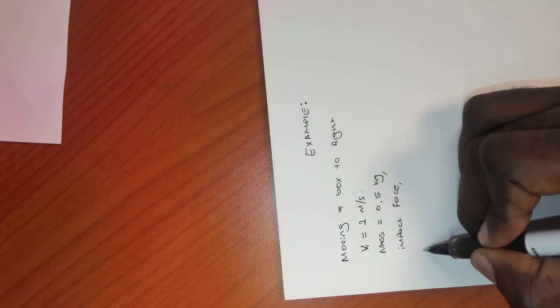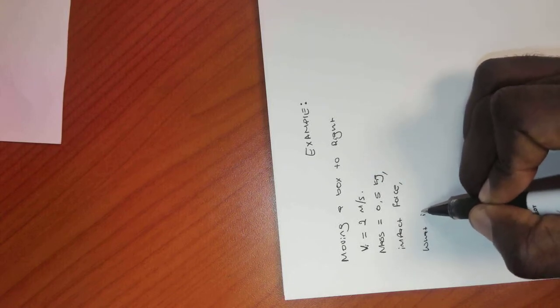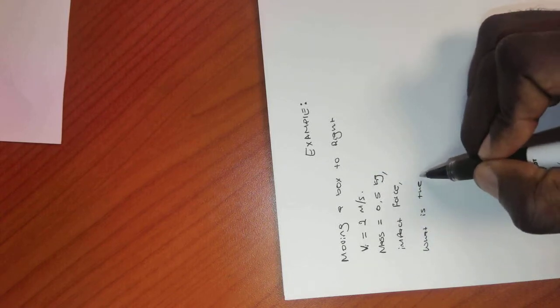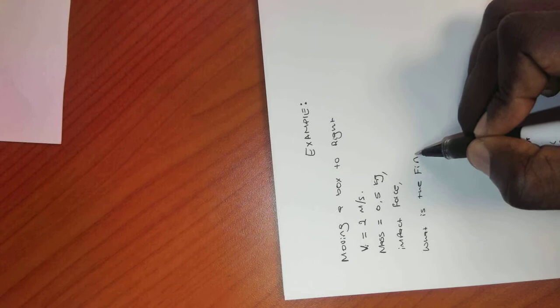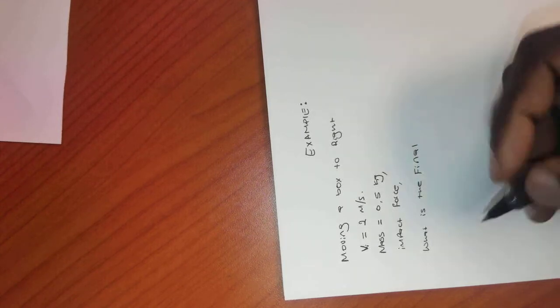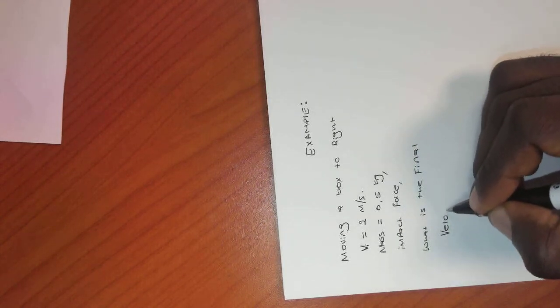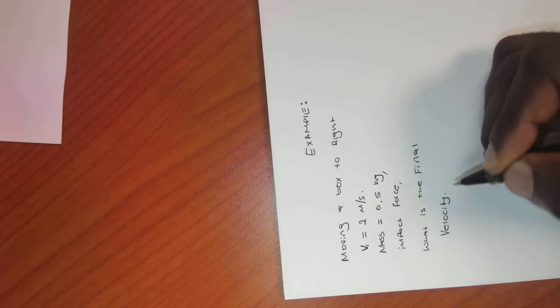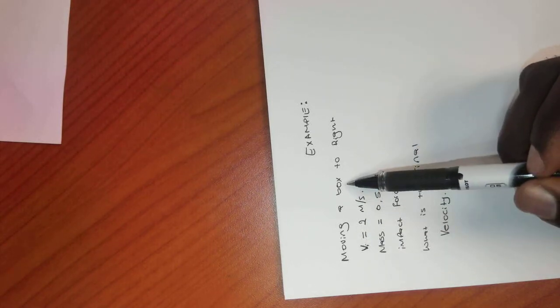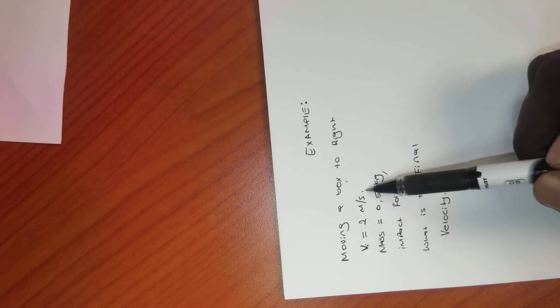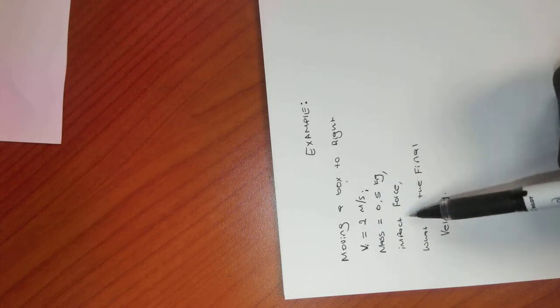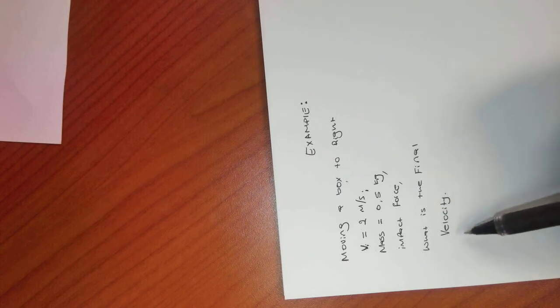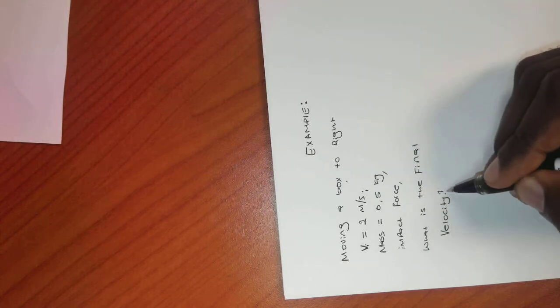So what is the final velocity? You're having an object, box A, that is already in motion with this velocity, and there is an impact force that is acting on this object. What is the final velocity?